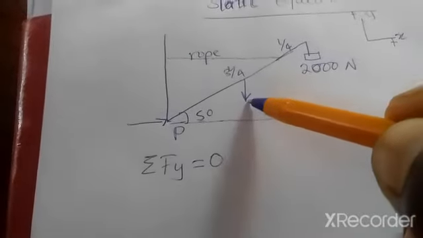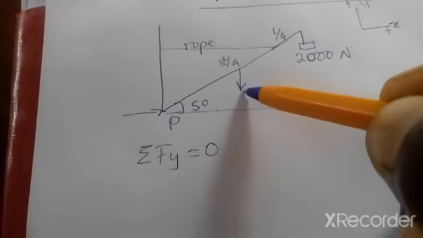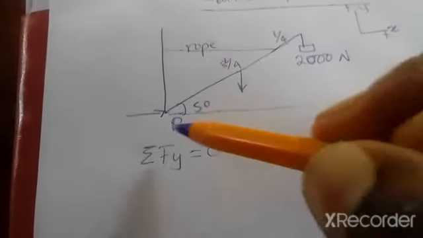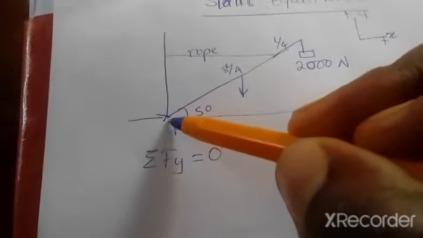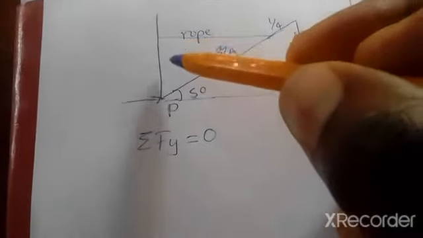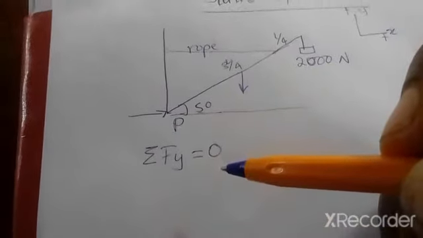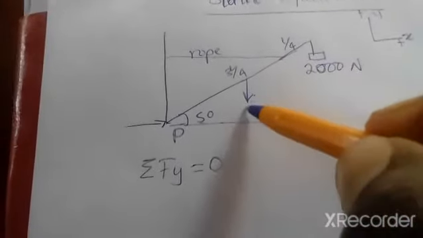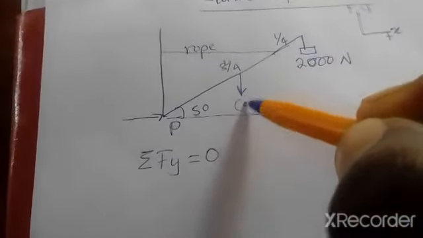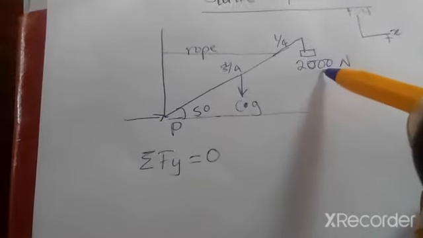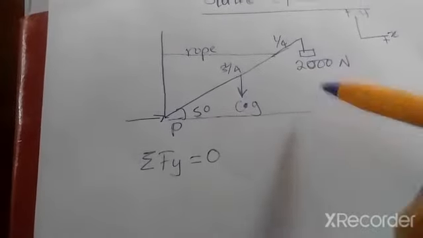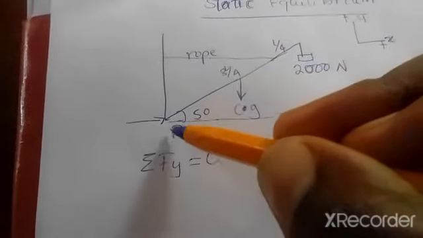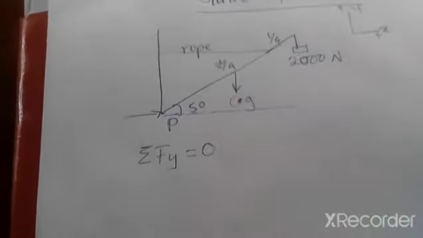We've got this force, which is the weight of the boom, this force which is hanging, and of course this force at point P, which is in the positive y-axis. The weight is at the center of gravity, and these two are acting downwards, meaning they will be negative, whilst the force here is going to be positive.